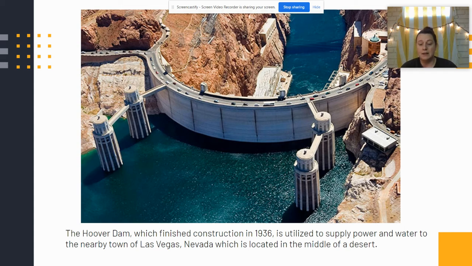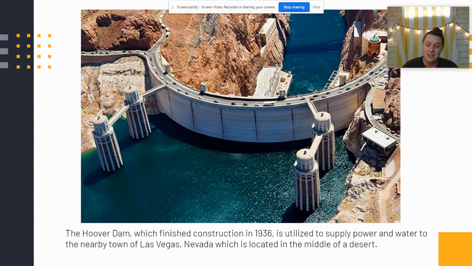And so, not only does the Hoover Dam supply power, but it also helps control the water supply coming from the Colorado River, and it allows, like I said, these states surrounding Nevada access to fresh and clean water as well, which is typically not available in a desert region, right?